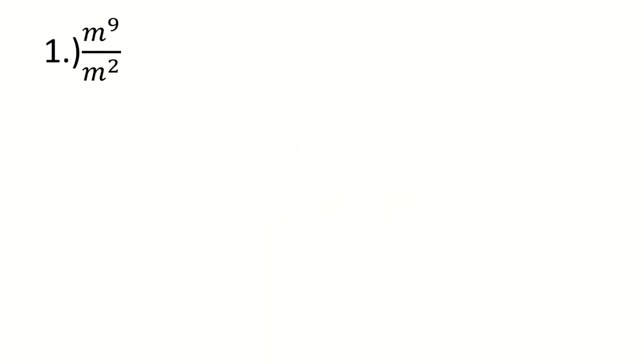So we have here number 1, m to the power of 9 divided by m squared. Our answer is m to the power of 7. Remember, this is just case 1. 9 is greater than 2.